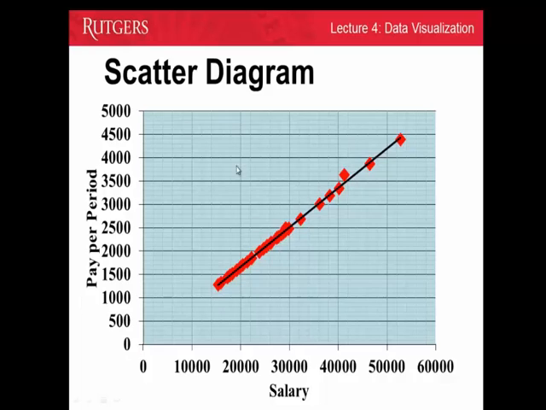And the scatter plot is used to compare these two variables, salary and pay per period, to see their relationship. You can see that there is a black line that goes through all these dots. This line we call a trend line. By adding this trend line, we can show the relationship of these two variables and its direction.